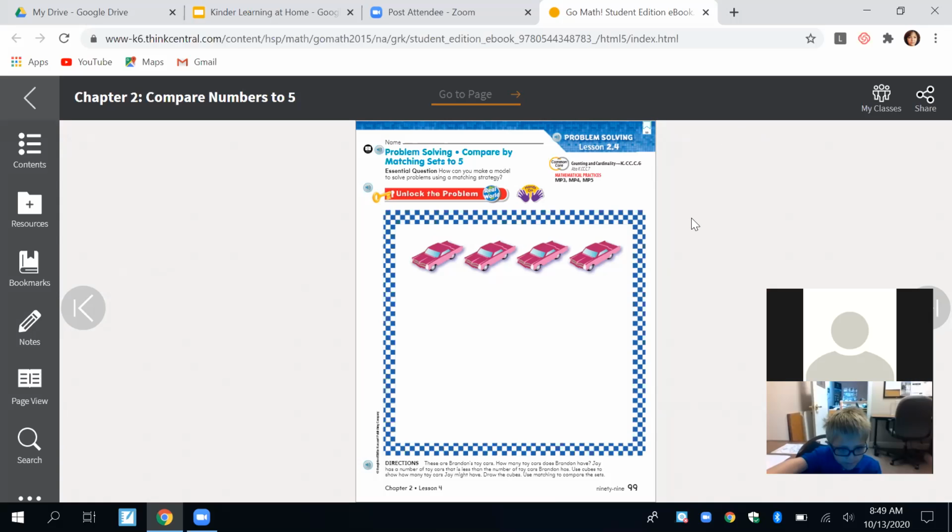Okay, we're ready. Page 99. We're going to continue comparing the groups of 5, sets of 5. For this, we're going to count first. Remember, for comparing, we have steps to follow. First step is count.